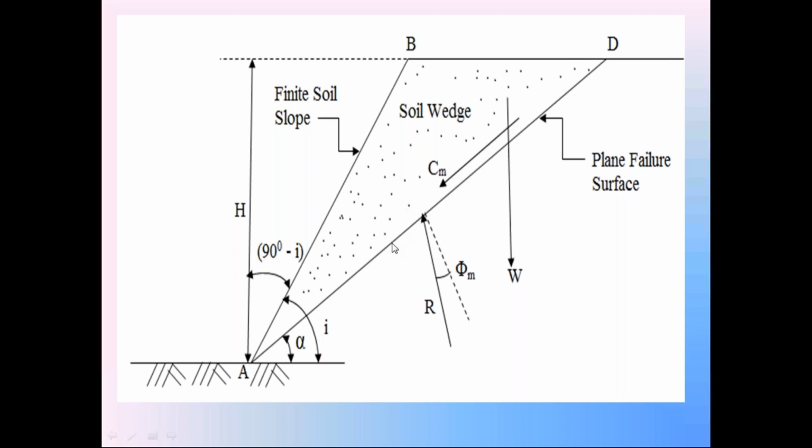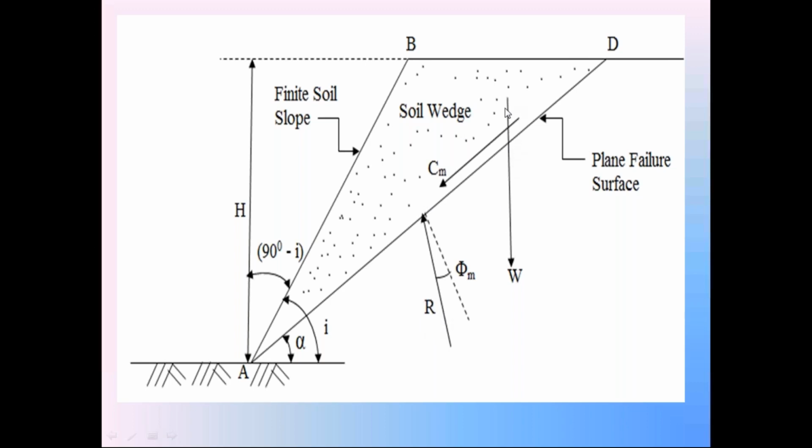Then on this surface AD, when this side wedge is moving in downward direction, this surface AD applies a resistance force on this side wedge, R. Check this third force.